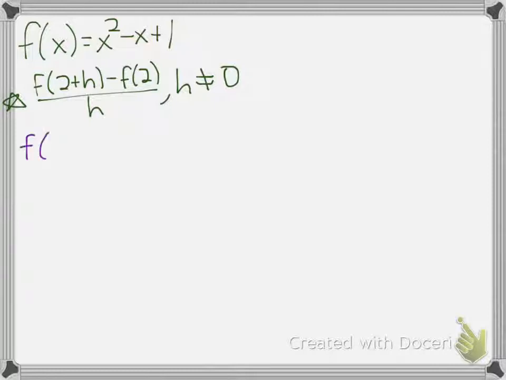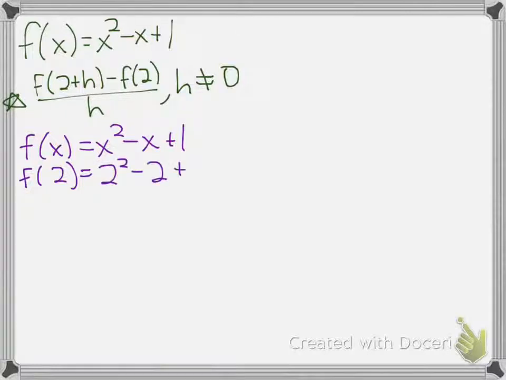So I know f of x is x squared minus x plus 1. So instead of substituting it all in, why don't I just figure out all the possible parts I might need? So I know I need f of 2. Well, f of 2 is 2 squared minus 2 plus 1, which is 4 minus 2 plus 1, which is 3.